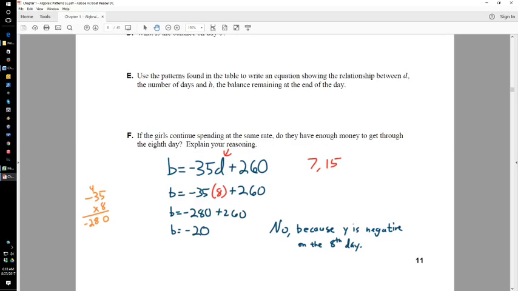Or you can say something like this: no, because there isn't $35 left after the 7th day. Both are reasonable ways of thinking about this. Alright? There we go.